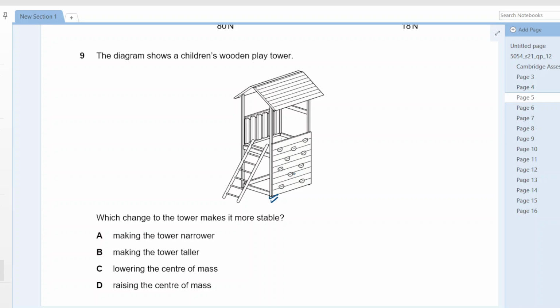The higher the center of mass, the more unstable the body. And here it is more stable. We have to make this play tower more stable. Therefore, lowering the center of mass is the best answer. 9C.